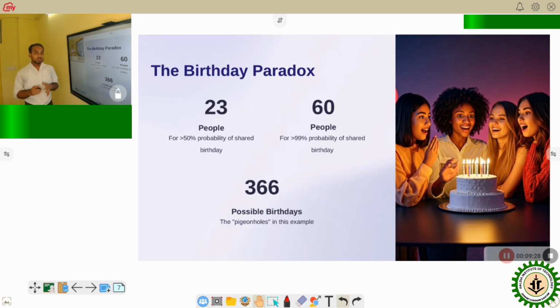But if we choose n equal to 1, that does not guarantee a shared birthday. But as we increase the number of persons from 1 to 2, 4, 7, 8 and so on, when we reach n equal to 23, if we choose 23 people at the same time, the probability of obtaining the same birthday will be exactly 50%.